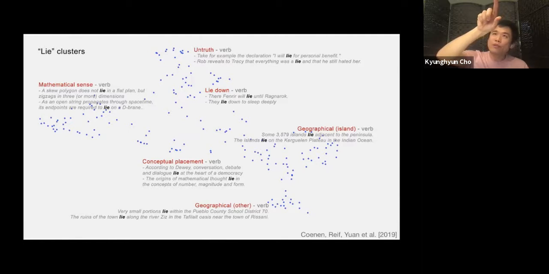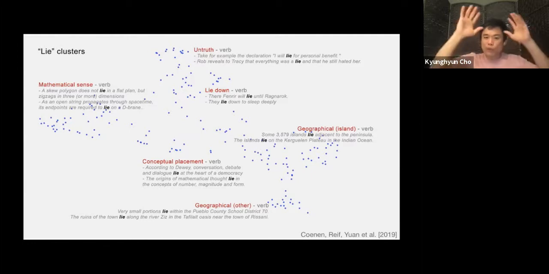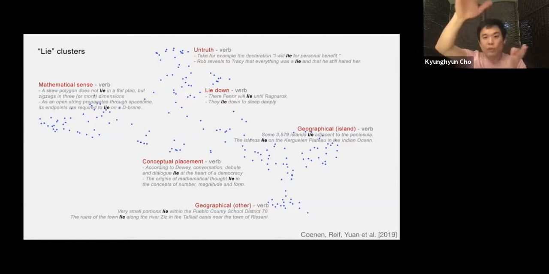We collect all those vectors and use a technique called UMAP in order to project these high dimensional vectors non-linearly onto a low dimensional, in this particular case 2-dimensional, space.